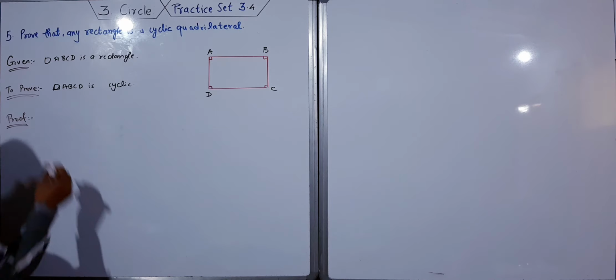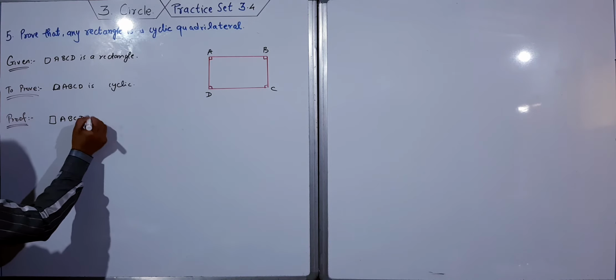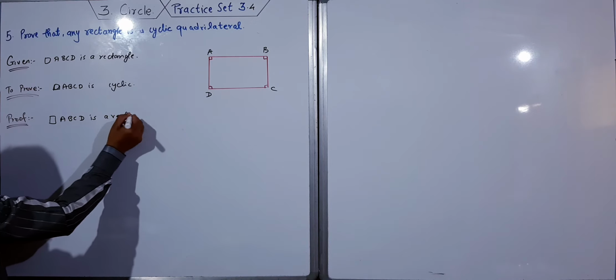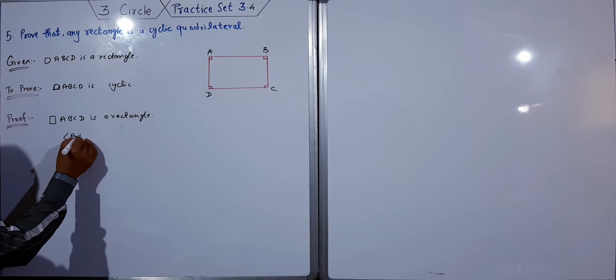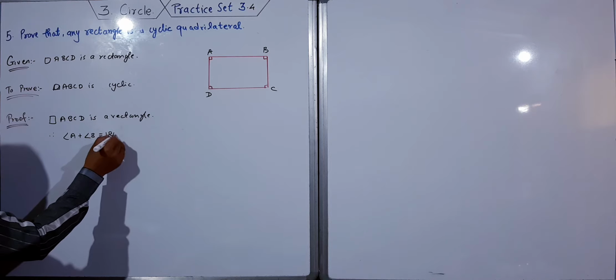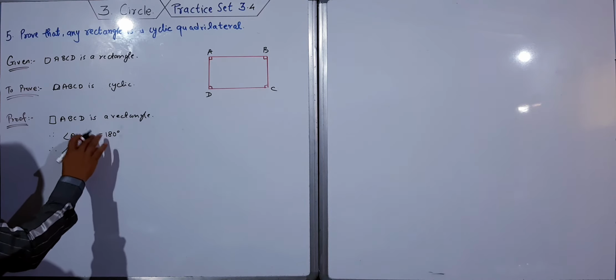And proof: quadrilateral ABCD is a rectangle. Therefore angle A plus angle B is equal to 180. Angle A plus angle C, opposite we want.